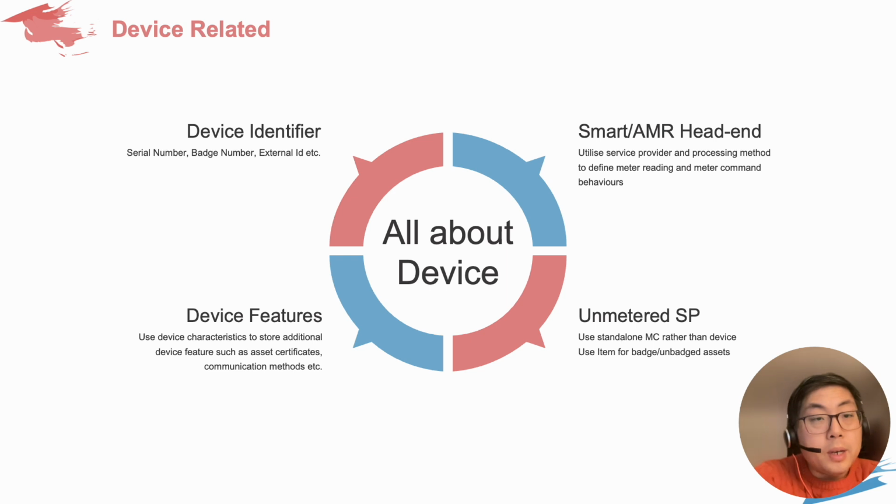Okay, then we talk about a few things related to device. First of all, device identifier. You can identify a device in many different ways. You can have different unique identifiers, but normally you will have a serial number, which is given by the factory that produced the device.